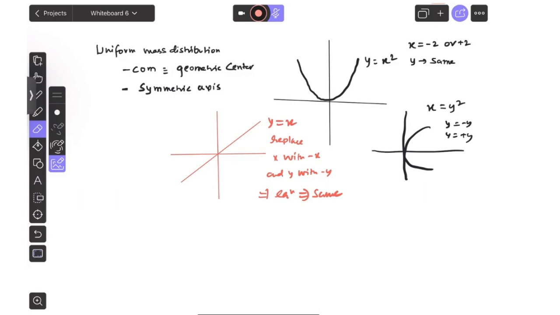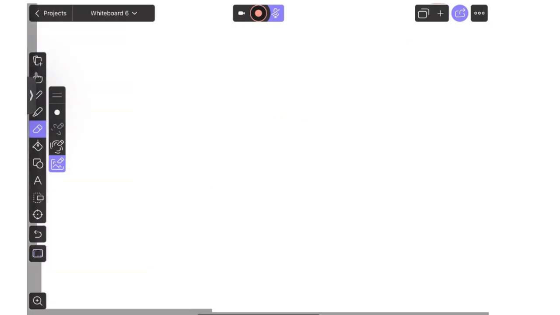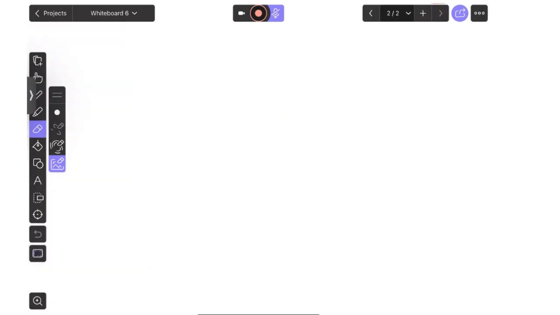Starting with the simple case, when we have a system made out of discrete point masses.